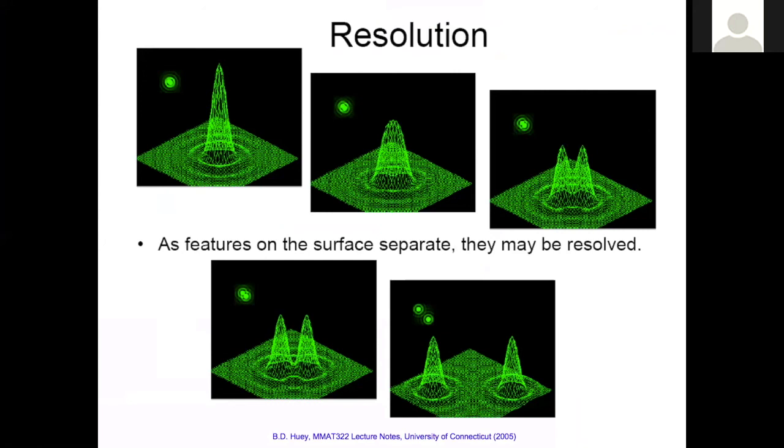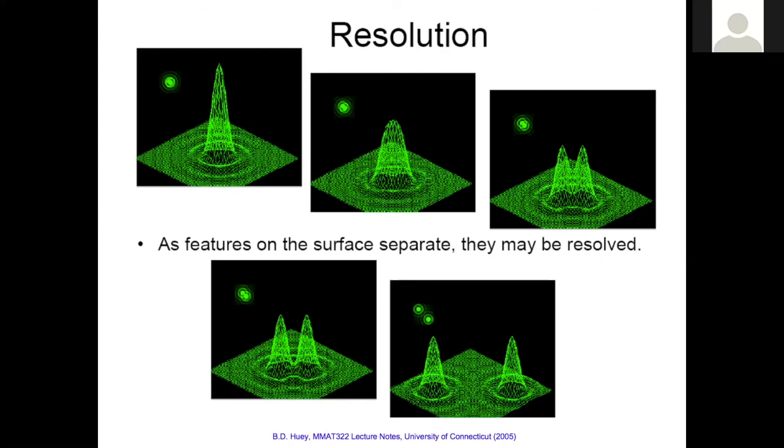Therefore, when we converge that into, quote unquote, a point, instead of getting a point, we'll get a disk. The disk we get is called Airy disk, and it's not a single intensity profile. You'll also see these rings, kind of like diffraction rings. In the first case, I don't know whether you can tell, there are two spots really close to each other.